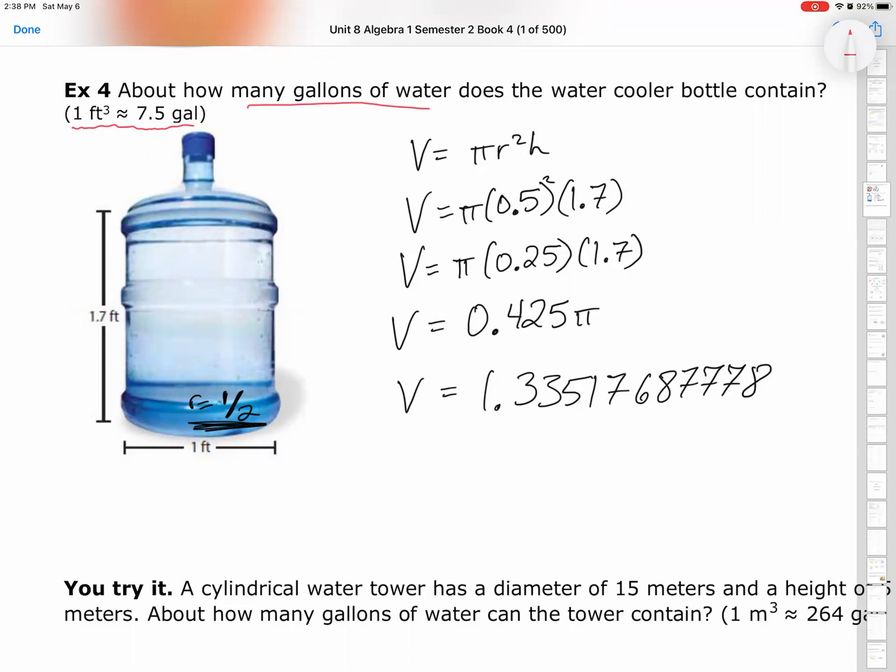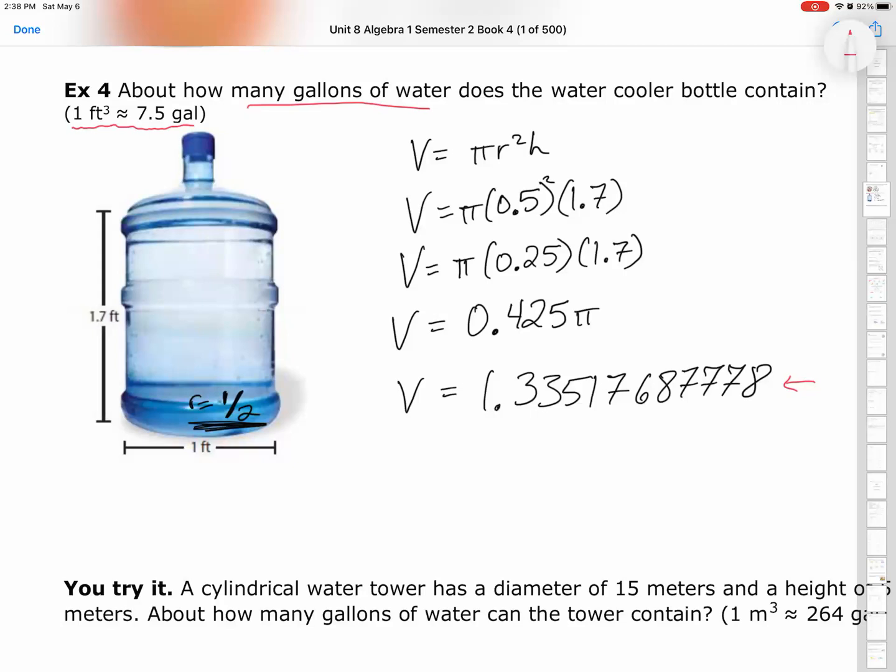Now, looking at ours, this is essentially saying 1.33517, that's how many cubic feet there are in this jug. So what we can do with that now is 1 cubic foot is 7.5 gallons, and we have 1.33517 cubic feet of this stuff in here.